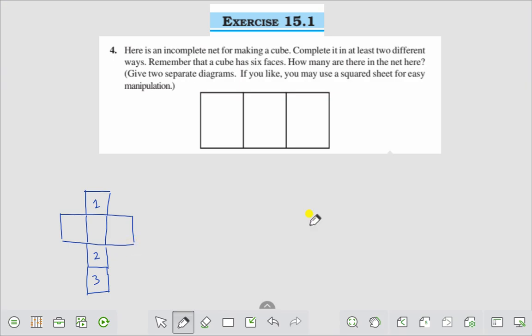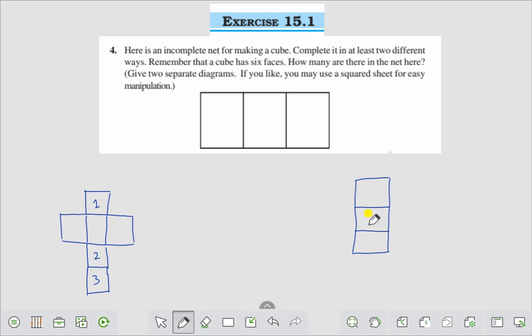Let us take another way to find another cube. Suppose this one can be rotated in this way. And there are three faces, 1, 2 and 3.